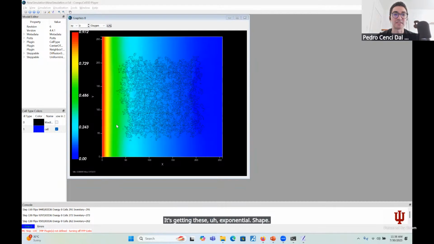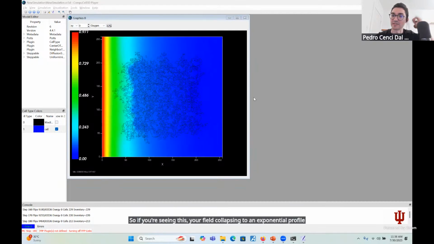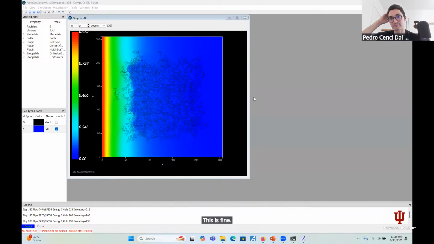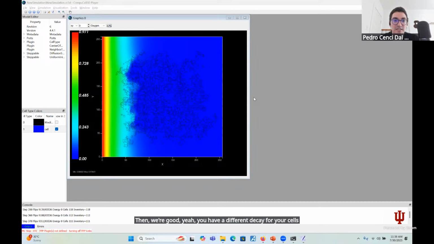So if you're seeing this, your field collapsing to an exponential profile, this is fine. Then, very good. Yeah, you have a different decay for your cells than medium, but that's good.